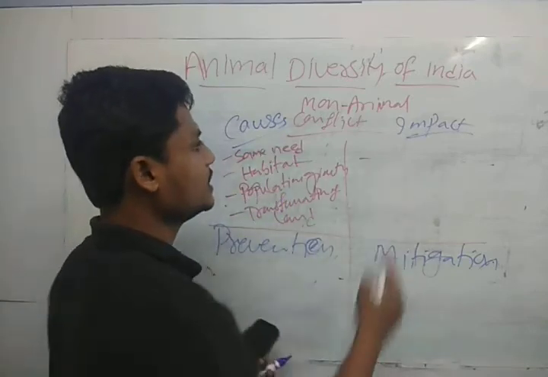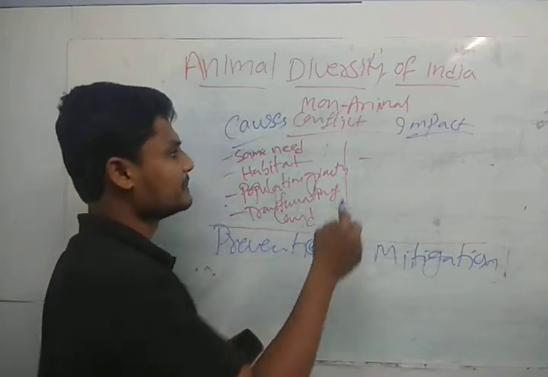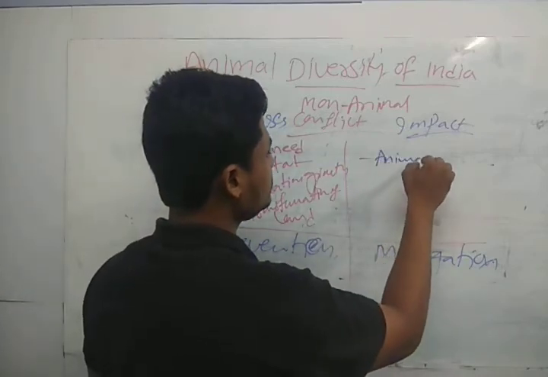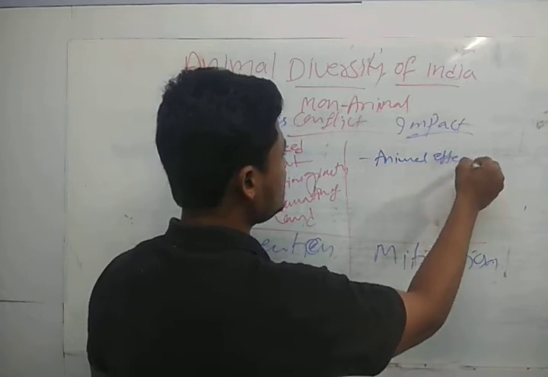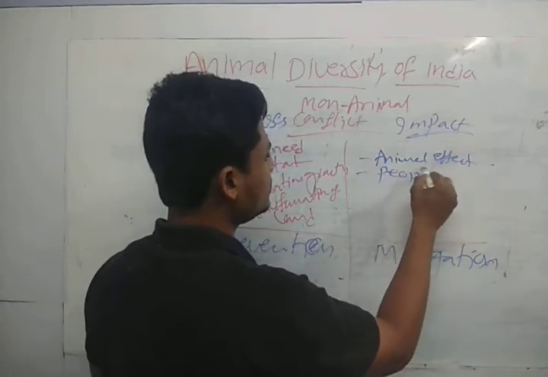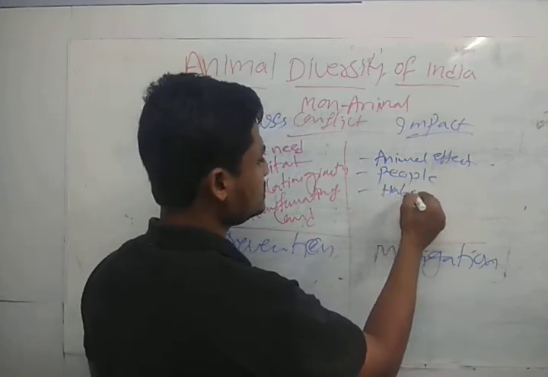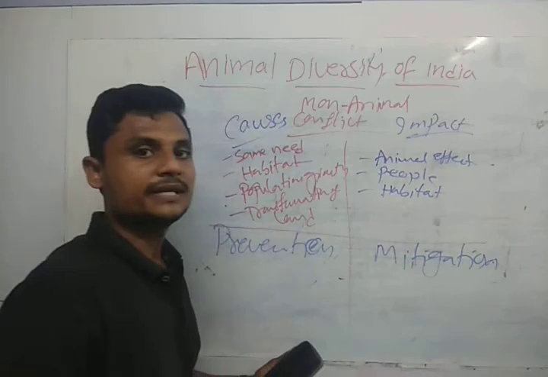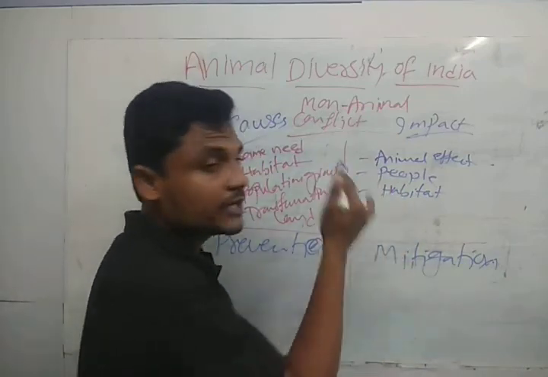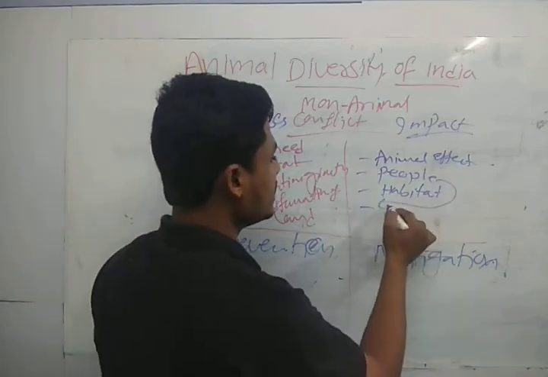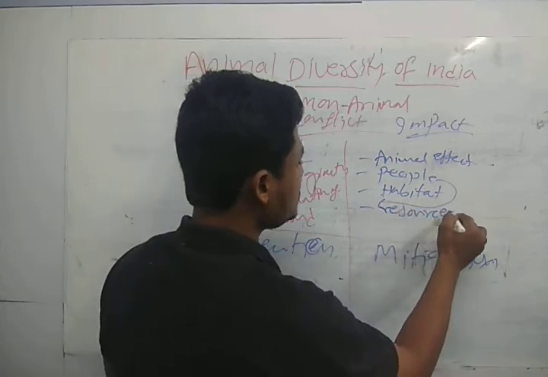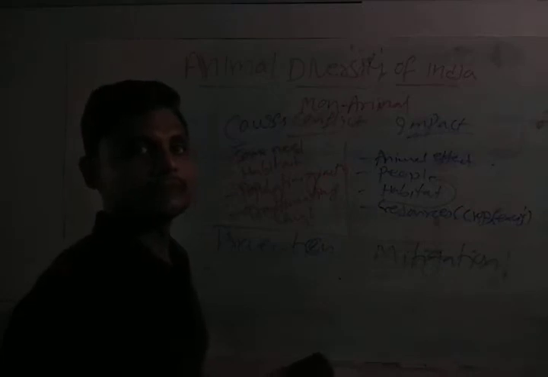Now we will see its impact. So guys, in the impact, as I said, the animal is going to die. The animal will be affected, and in the same manner, people are going to be affected. The habitat is going to be lost, and the resources of the people, like the crops, the fencings, all those things, are going to be lost.